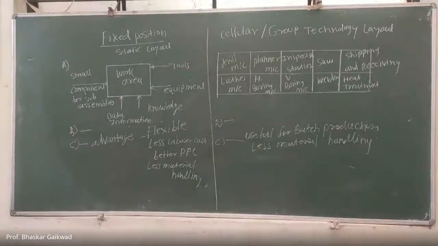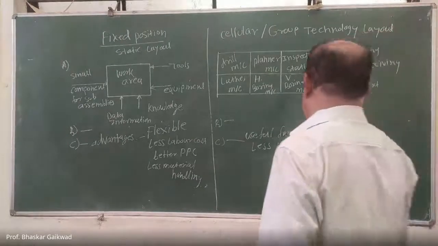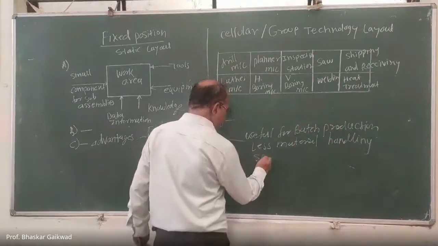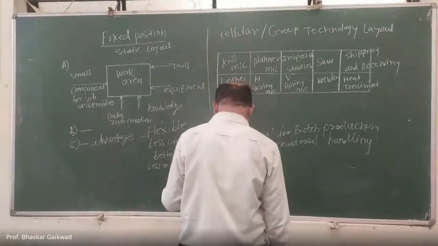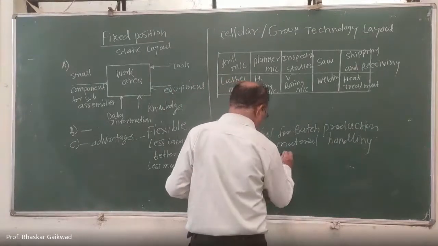Normally, this process layout or group technology layout we can use for batch production. Less material handling is there. A special purpose or multi-skill person may operate more than one machine. So this is the SPM, special purpose machine. Here the multi-skill person.